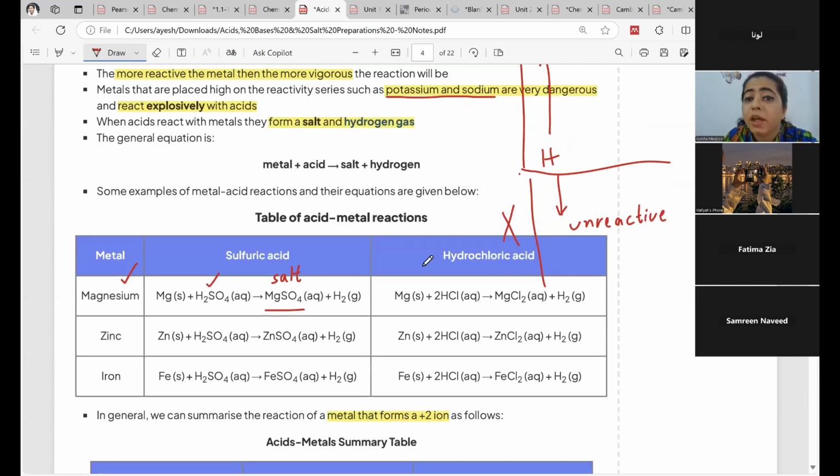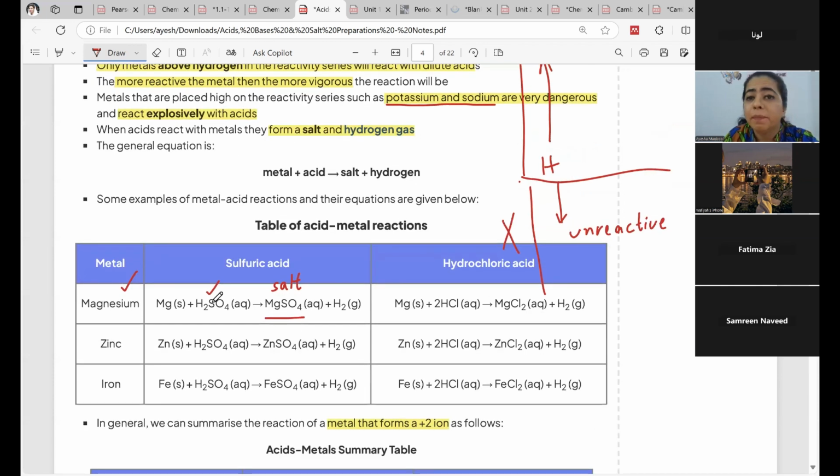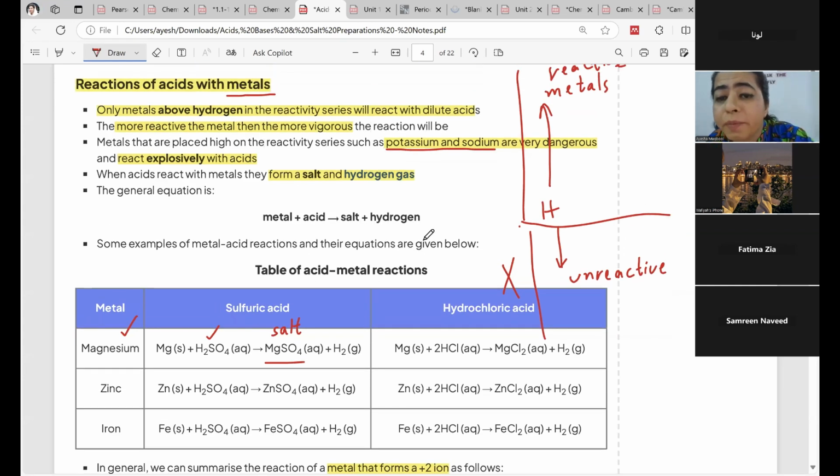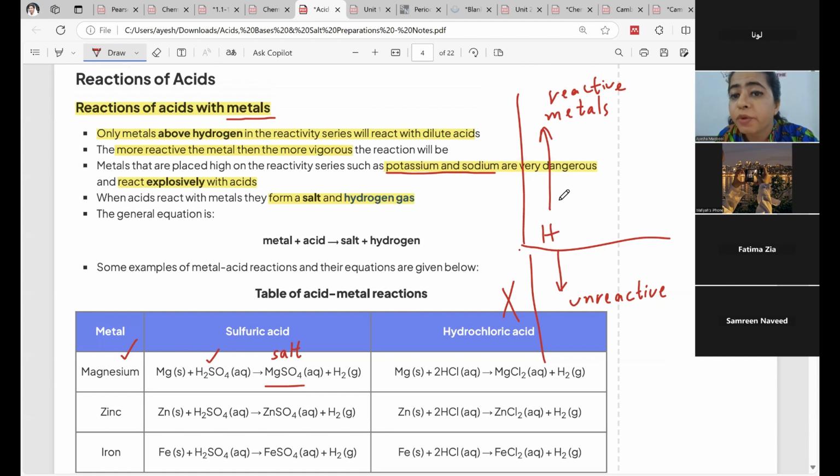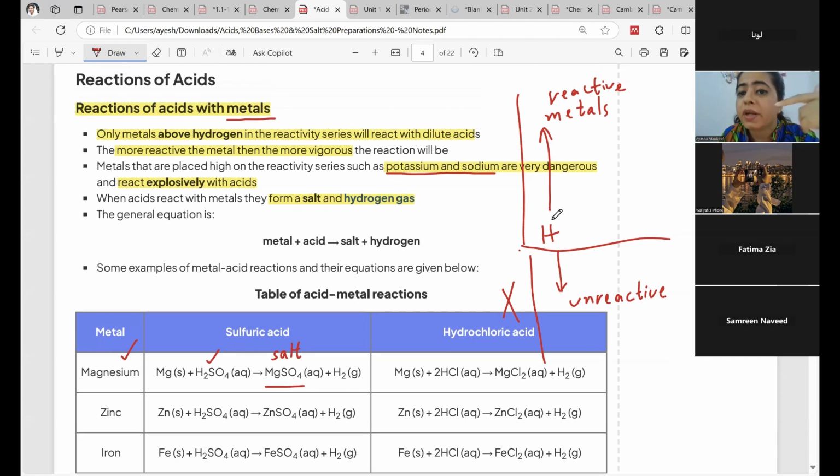Right, that is fine. So here we can easily apply the displacement reaction as well, meaning replacement. A more reactive metal can come and replace or displace the less reactive one. That is a very important board question as well. They can ask you the reason that I just told you, that all the metals above in the reactivity series will react.